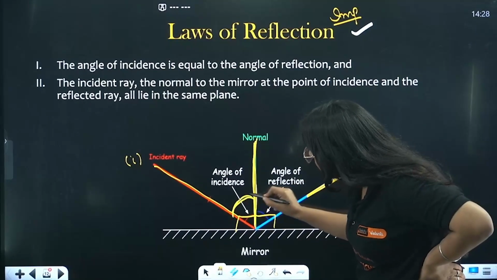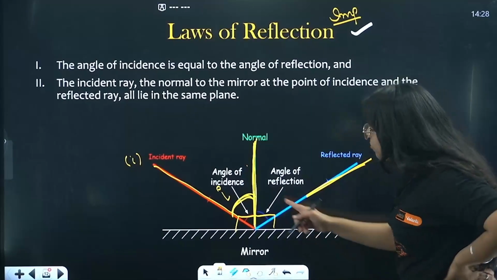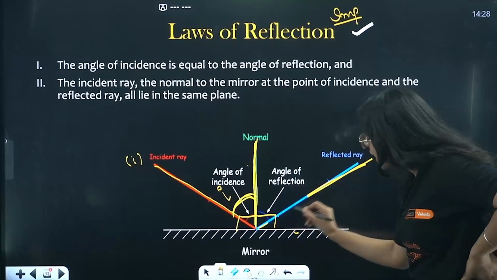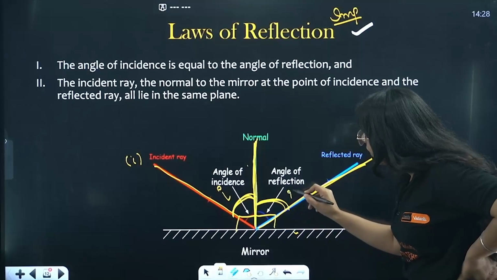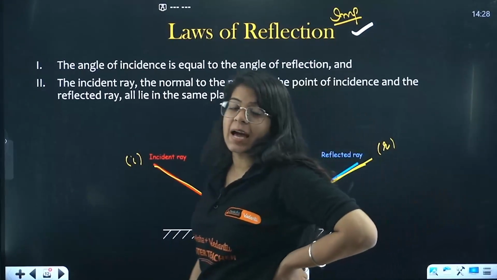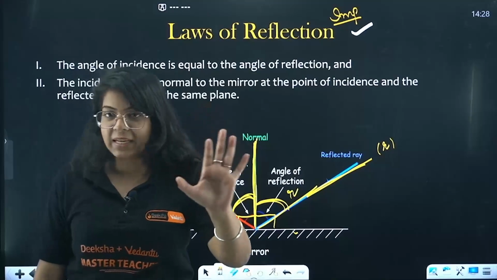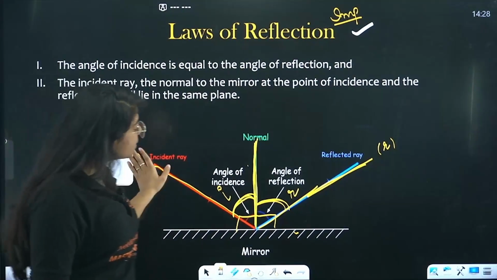Now this angle beta, this is called the angle of incidence. And similarly, this normal is making an angle with the reflected ray. This angle beta is called the reflected angle or angle of reflection. Clear till here? Okay. Now one more thing you have to remember, so that is your first law.